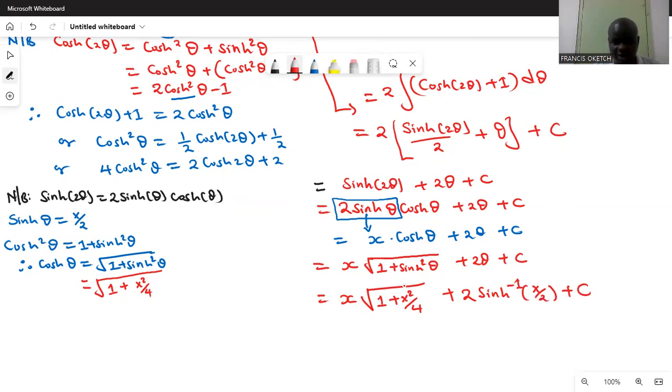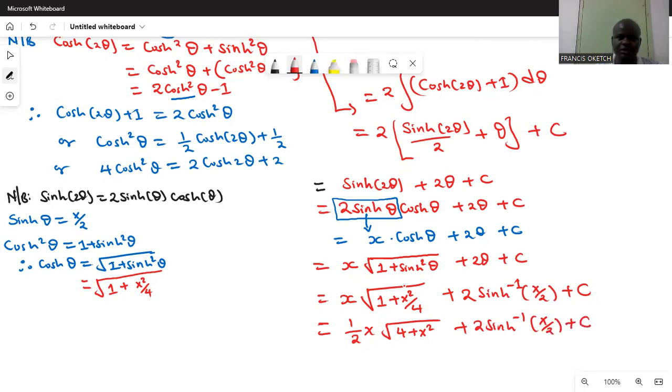And you see, you can factor out 1 over 4. If you factor out 1 over 4, we are going to get this. It will now be 1 over 2x times the square root of 4 plus x squared plus 2 sine hyperbolic inverse of x over 2, then plus c.